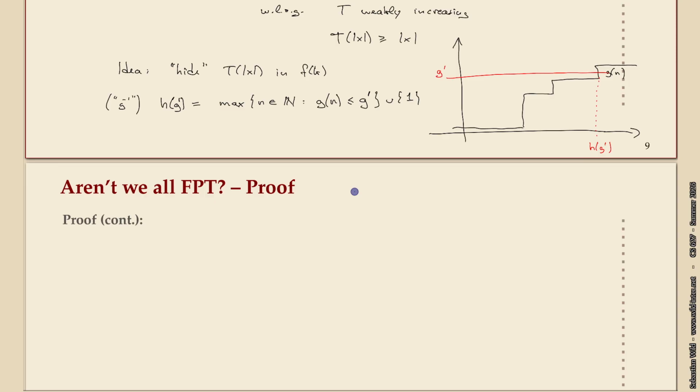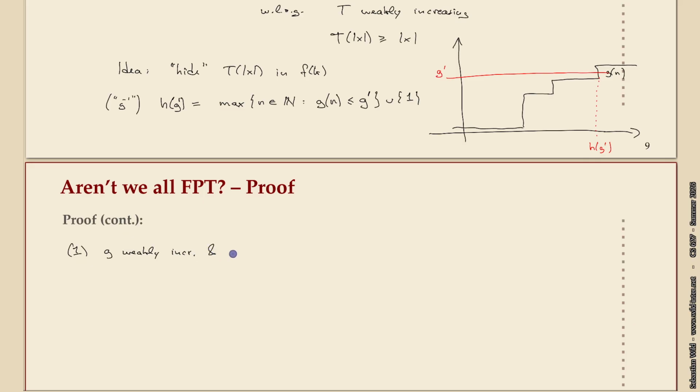But let's collect a few properties of this function h. First of all, because g is weakly increasing, this was from the assumption, and unbounded, we get that h is well defined. There's always a well-defined maximum here.